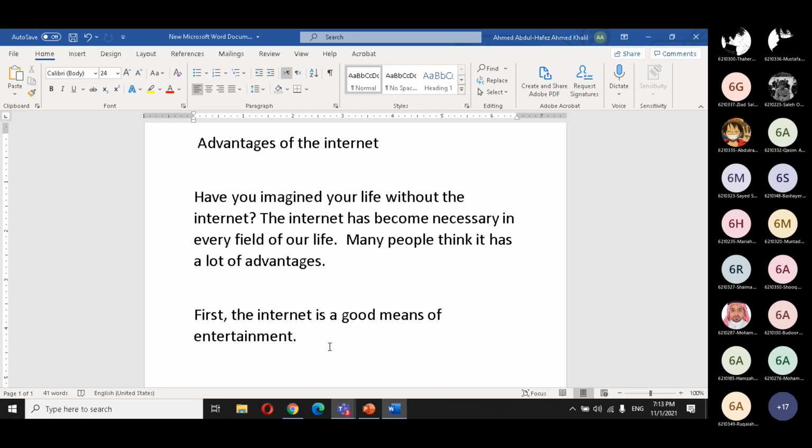Okay, so I can write about it's a good means of entertainment. Why? You can listen to music, you can watch films, you can play games.